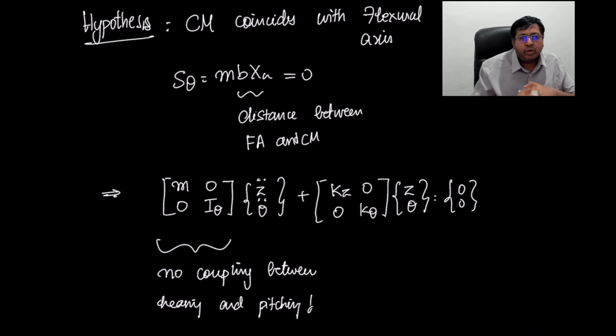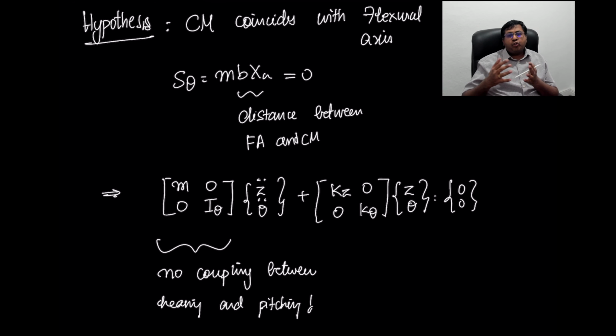So it's not very simple to identify these motions itself. One of the easiest ways is we can solve for the eigenvector. If the magnitude of the eigenvector for z is greater than theta, then the motion is predominantly heaving. If the magnitude of the eigenvector for z is lesser than that of theta, then you pretty much have a predominantly twisting motion.